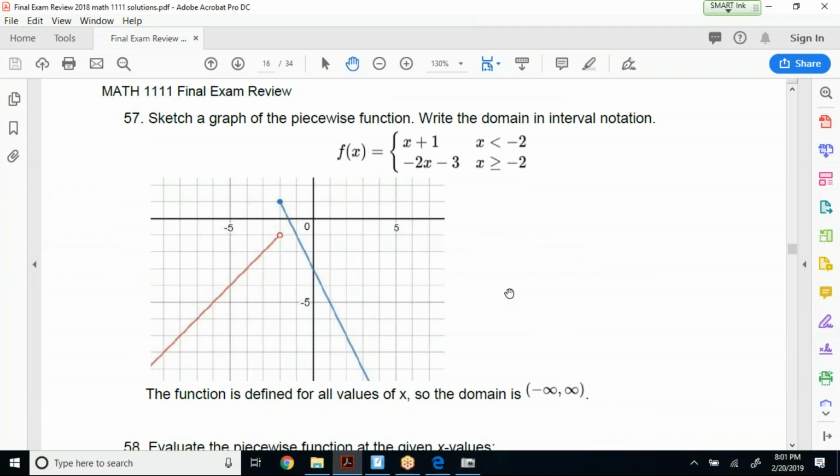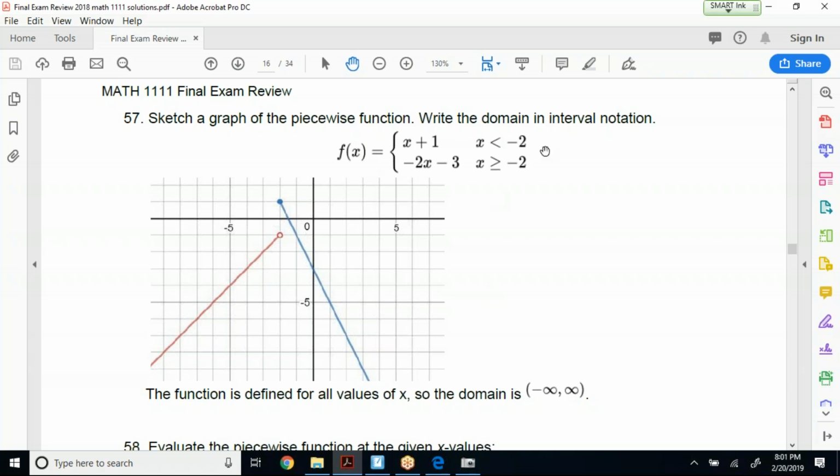Sketch the graph is going to be which graph is the piecewise, because it's multiple choice, right? So if you remember when we did the homework on these, I took away the graphing parts, but you had to choose. You did still have ones where here's the piecewise, what graph went with it, right?